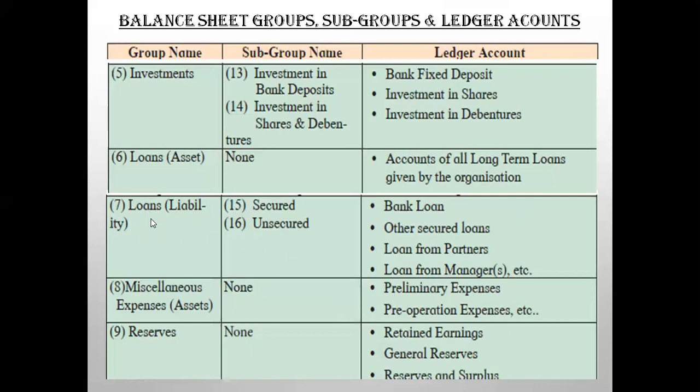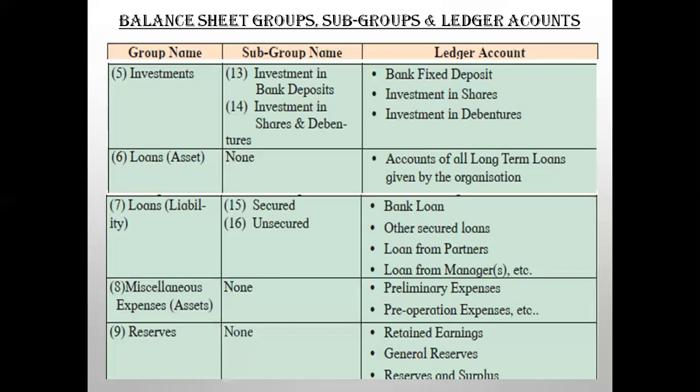So these are to be paid by you and this has to come to you. Next is miscellaneous expenses. This will come under the asset side again. The preliminary expenses, pre-operation expenses, all these types will come under the main group miscellaneous expenses.